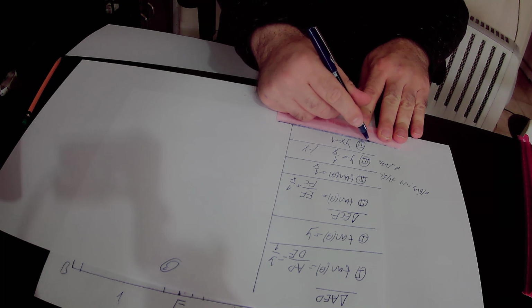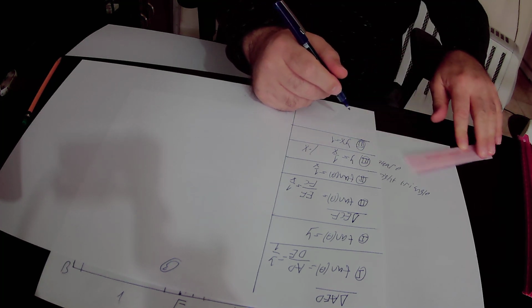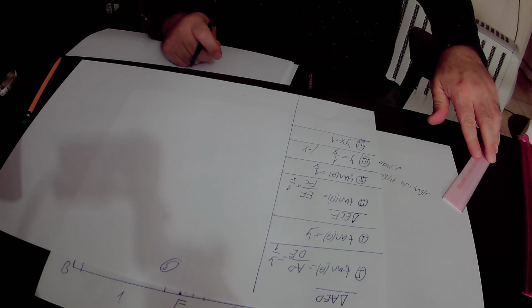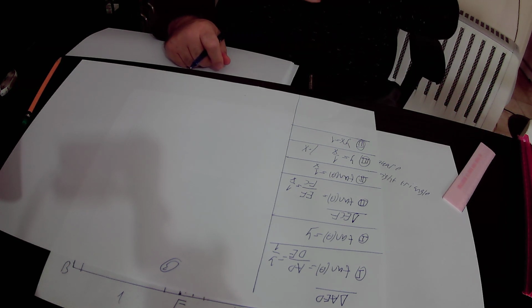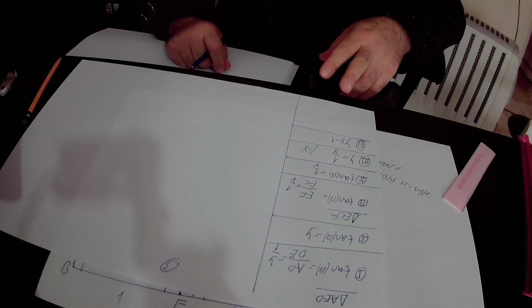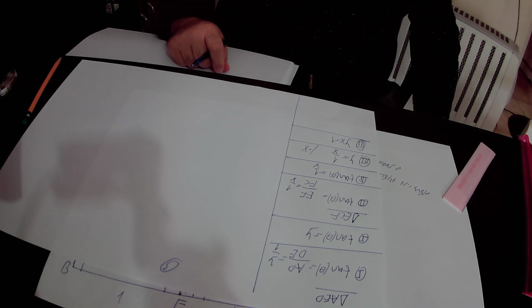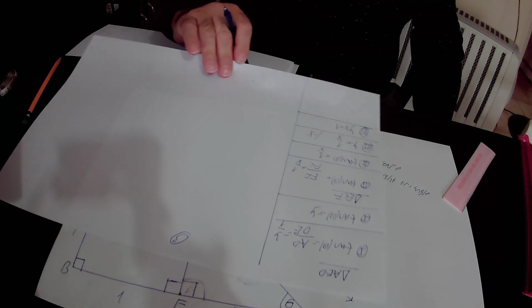And whenever the multiplication of two numbers is equal to 1, it means that X is the inverse number of Y, and also Y is the inverse number of X. So I will write it down.